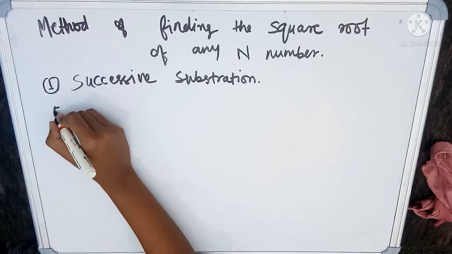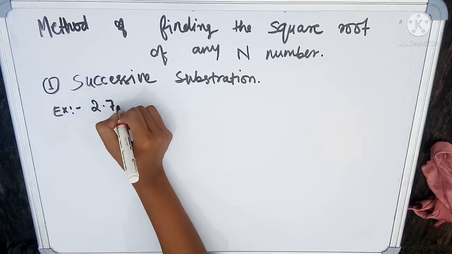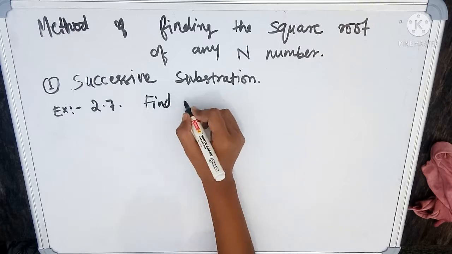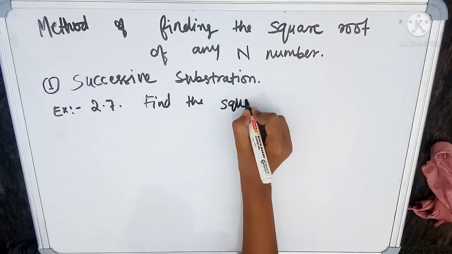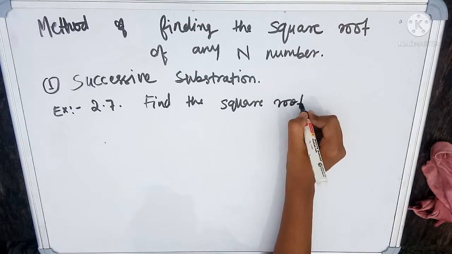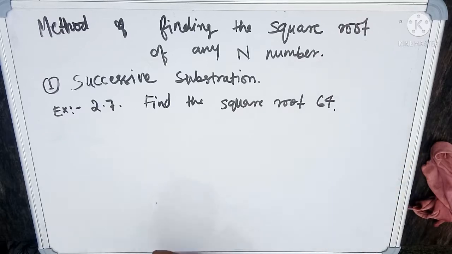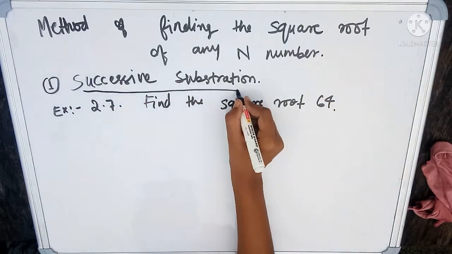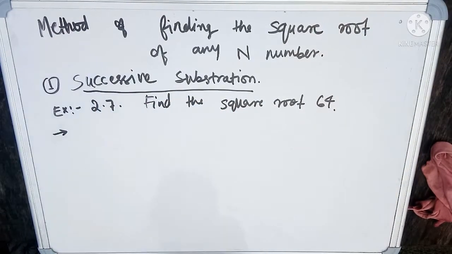Here the example 2.7 says that we have to find the square root of the number 64, and we have to find this using the successive subtraction method. So how can we find it using this? Before we know the steps, let us understand what successive numbers are.